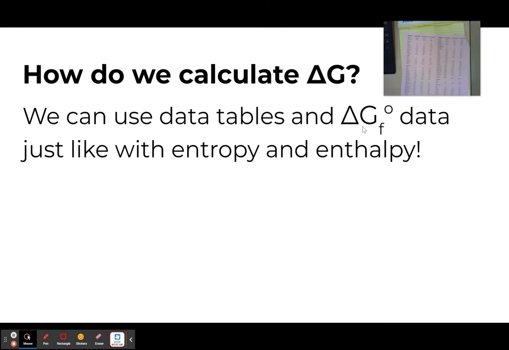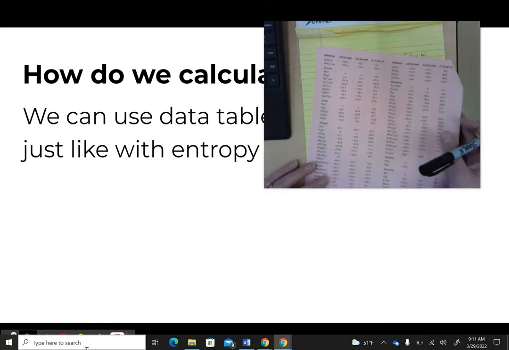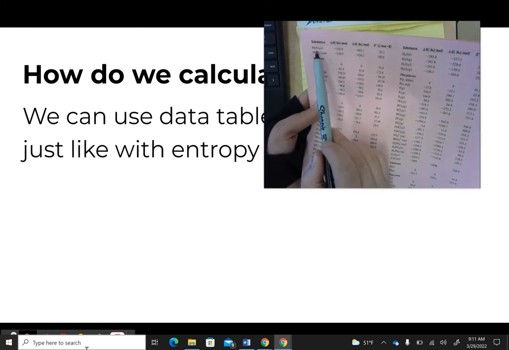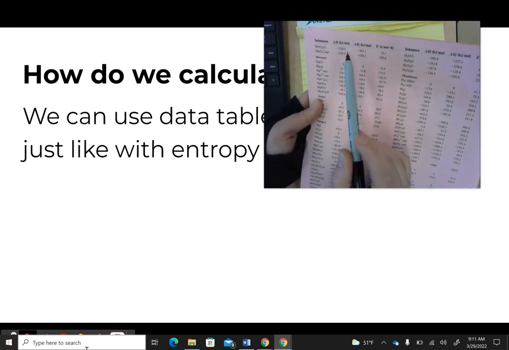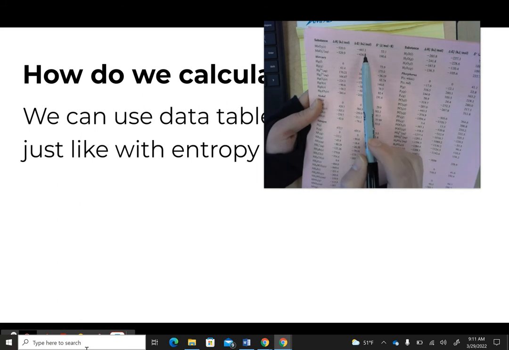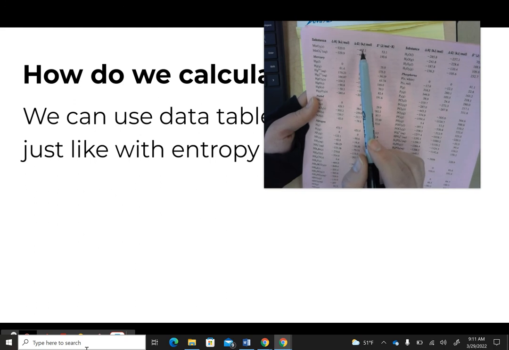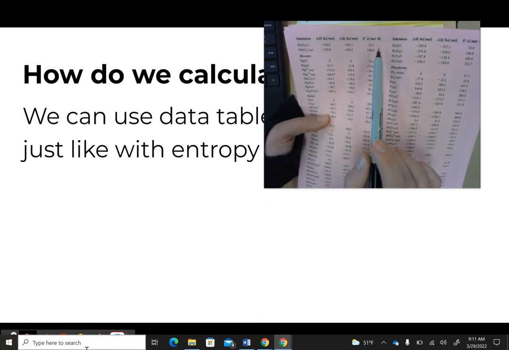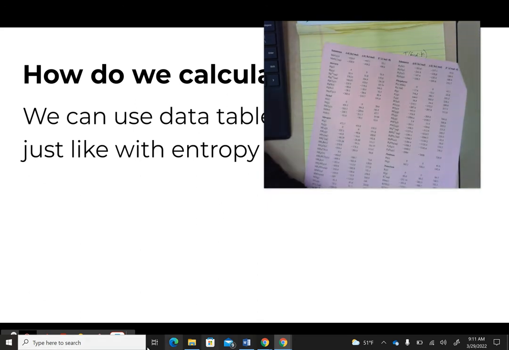And we're going to use this delta G of formation, just like we've used delta S and delta H. So if we look here, delta G of formation for looks like some manganese oxide right here, manganese 4 oxide is negative 465.1. Now that's in kilojoules per mole. So pay special attention. These two are both in kilojoules. This is in joules. So that's going to get interesting.